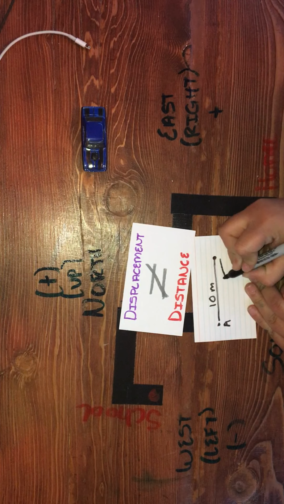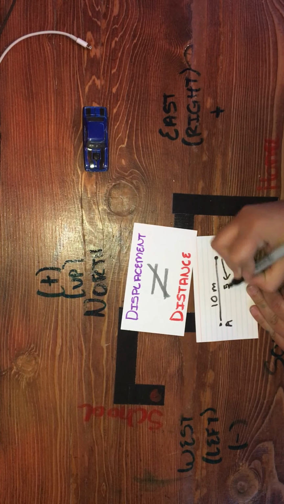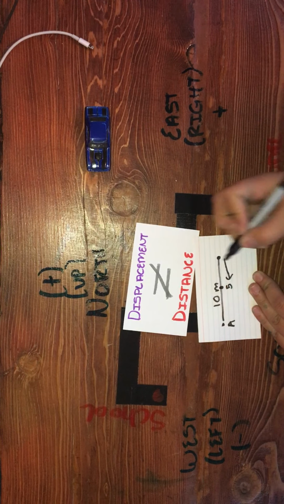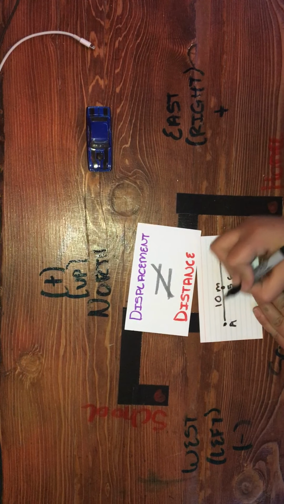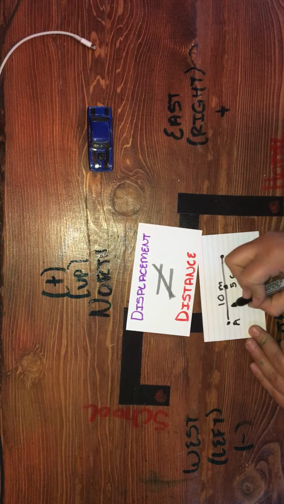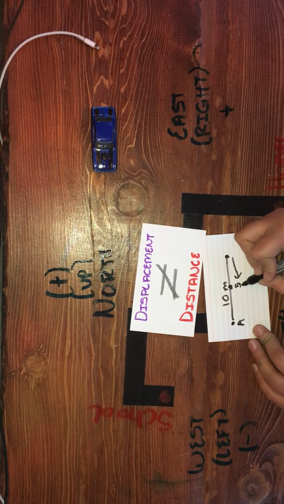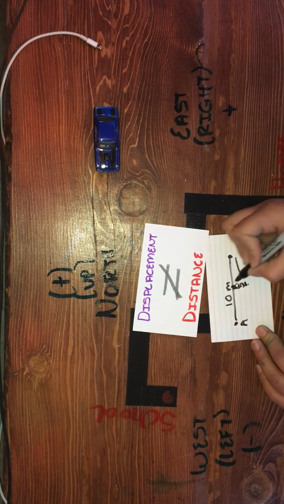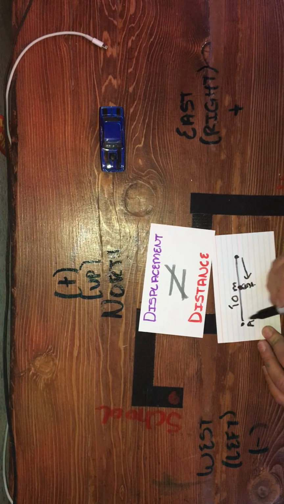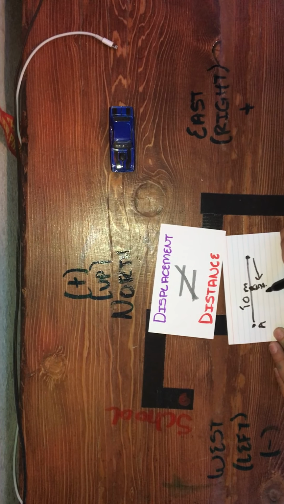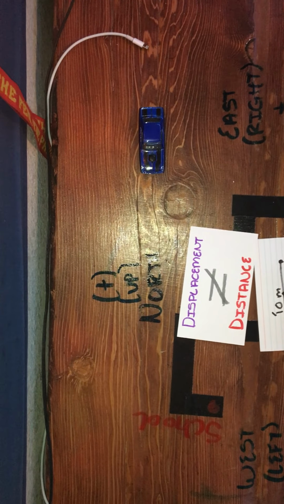Then you run back 5. That leaves you from point A to point B. This will be your final, and this will be your initial.